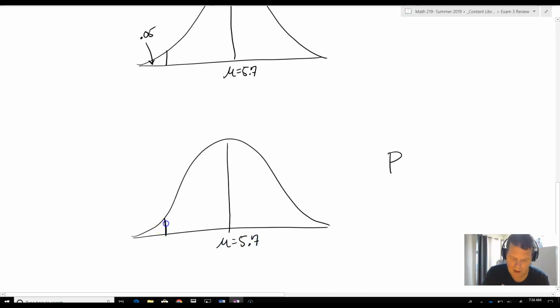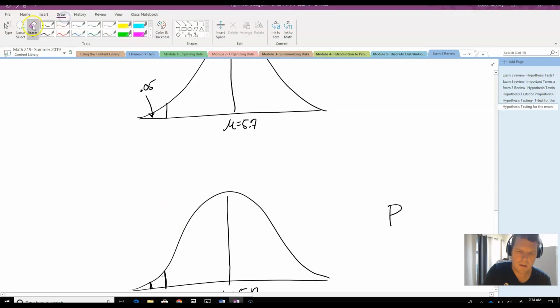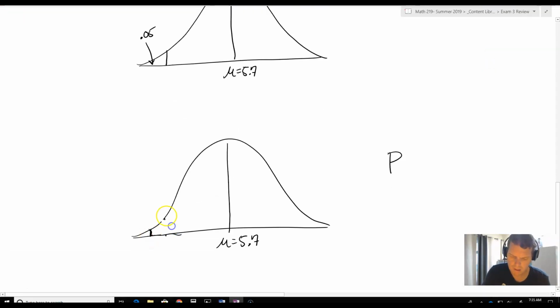I have over here my test statistic, which was my x bar equal to 5.5. And the size of this region in here was the size of 0.0187, right?